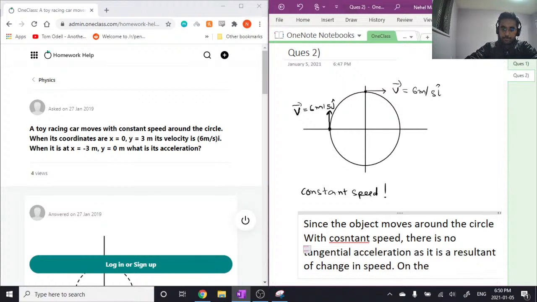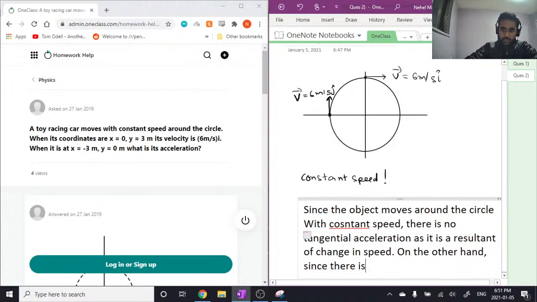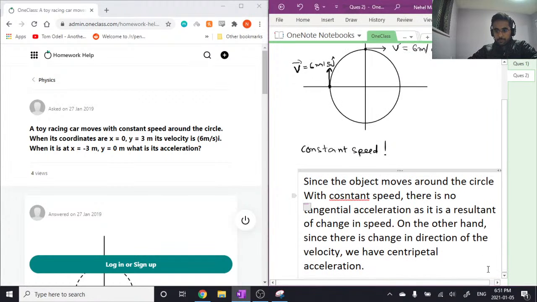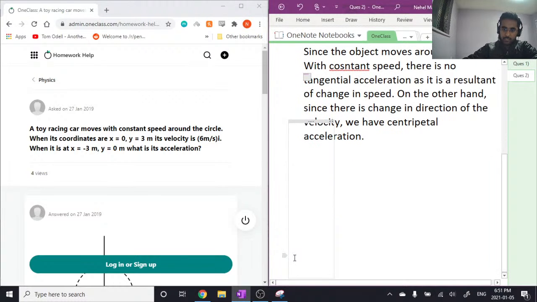On the other hand, since there is change in direction of the velocity, we have centripetal acceleration. Okay, so hopefully that makes it more clear why we don't have tangential acceleration and why we have centripetal acceleration only.